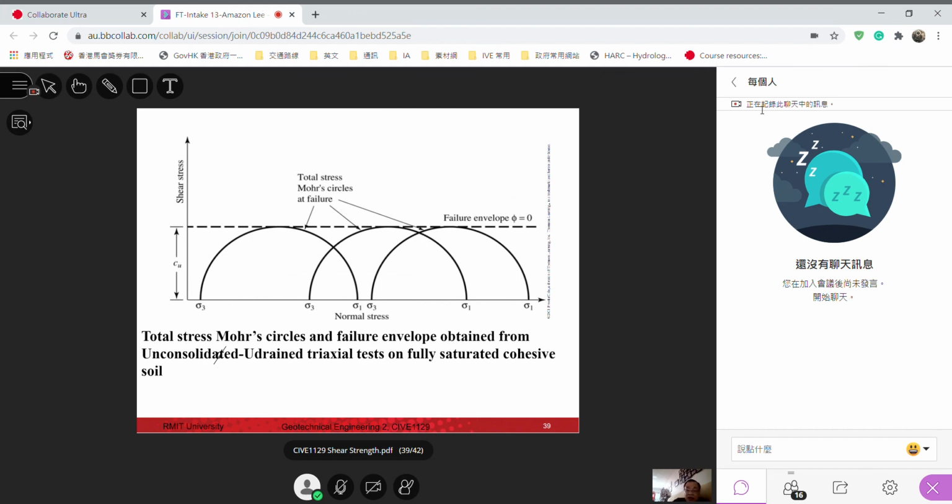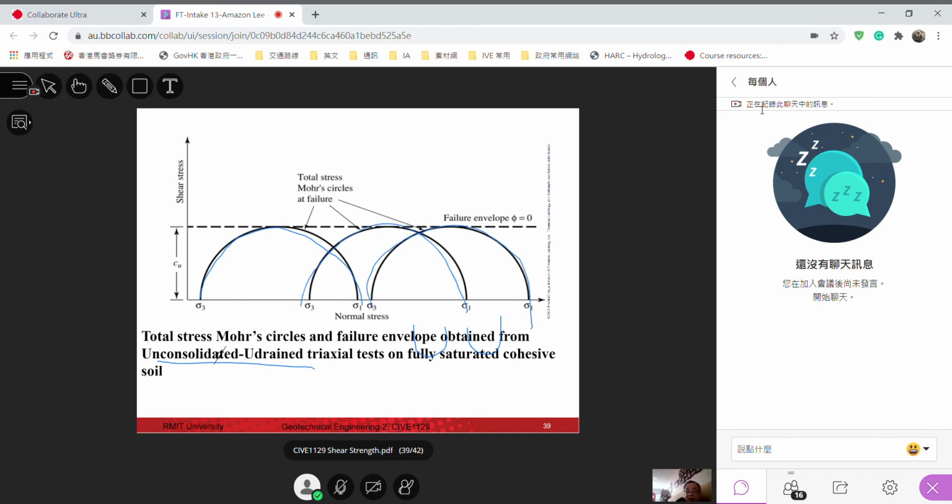Now, if we have to do a so-called unconsolidated undrained test, UU test, that means initially we don't do a consolidation, just apply the load. Doesn't matter what confining pressure, you will get all the Mohr circles the same size.